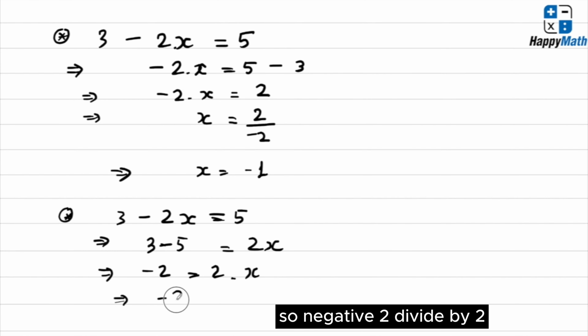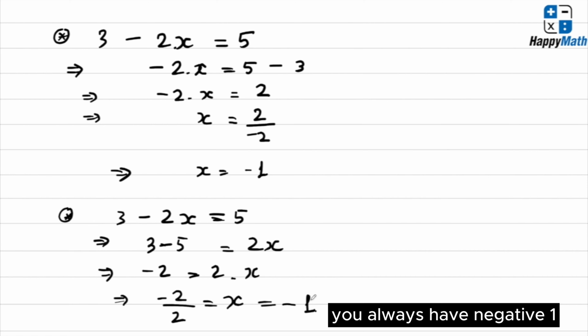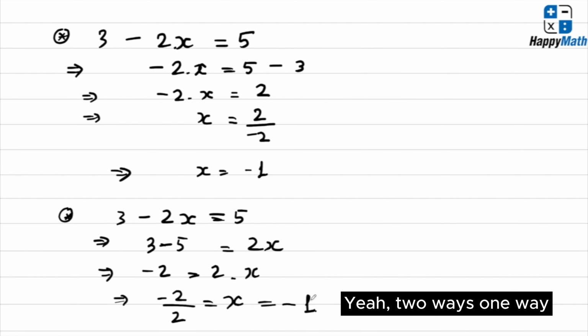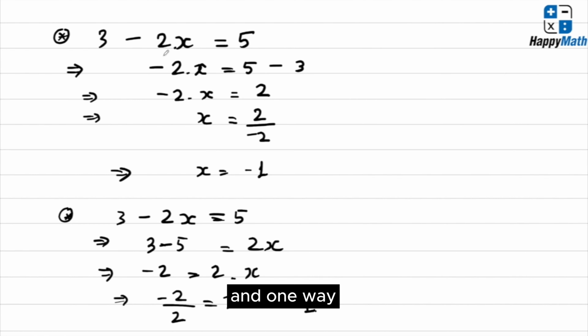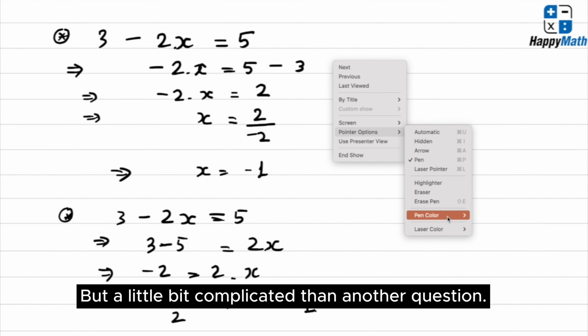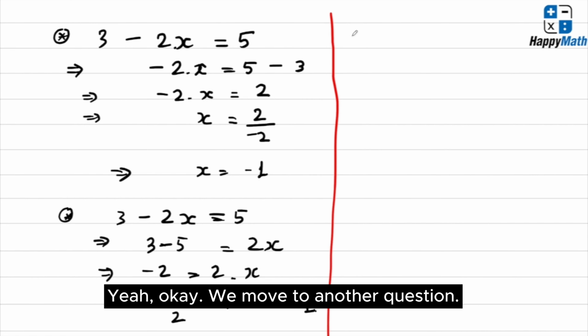So negative 2 divided by 2 equals x. So of course you always have negative 1 for these two ways of solving this question. In one way I move the main character, minus 2x, and in the other way I keep it unchanged. Okay, that is not difficult, but a little bit more complicated than the other questions you already learned. Okay, we move to another question.